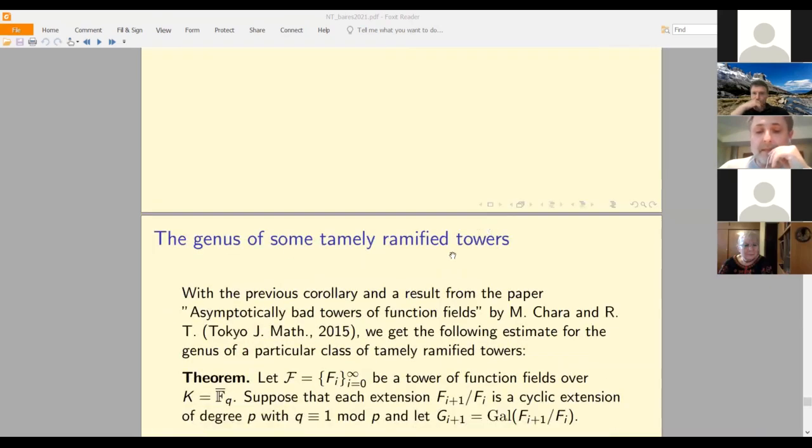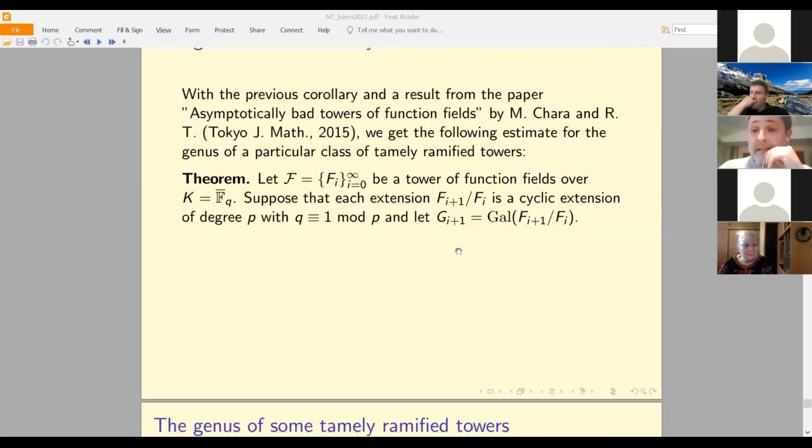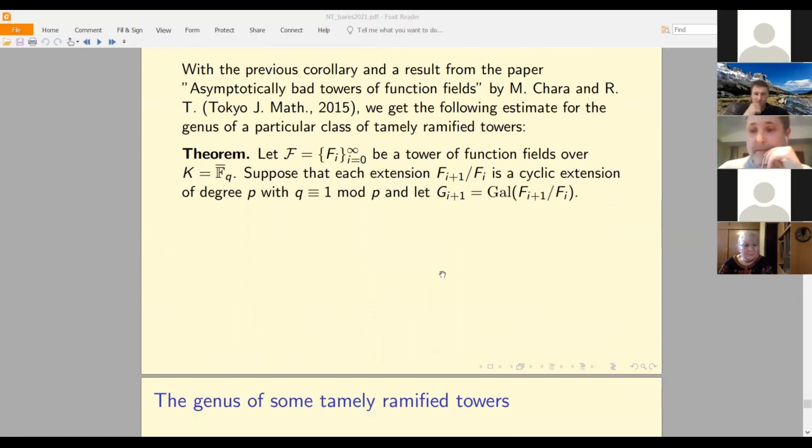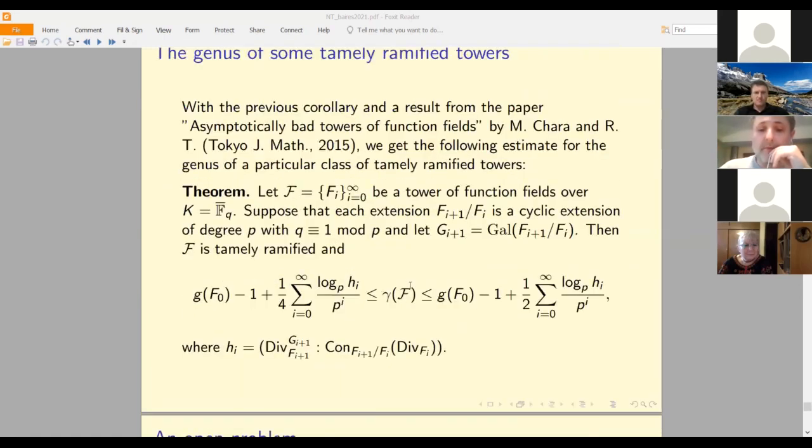So the result, in terms of this connection between the ramified set and the index of the conorm of the divisor fixed by the Galois group, is the following one. You have this situation: a tower of function fields over an algebraic closure of F_q, and suppose that each extension is cyclic of degree P with q congruent to 1 mod P, and suppose that G_{i+1} is the Galois group of F_{i+1} over F_i.